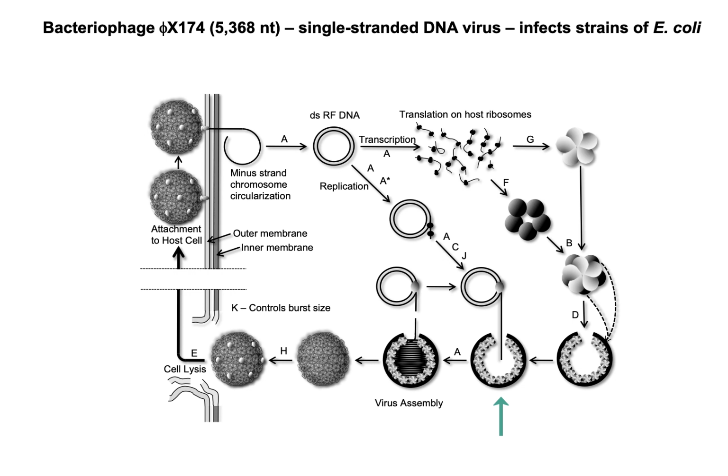In addition to the A protein, the A star protein is made, and in conjunction with the proteins C and J, causes rolling circle replication of the genome.